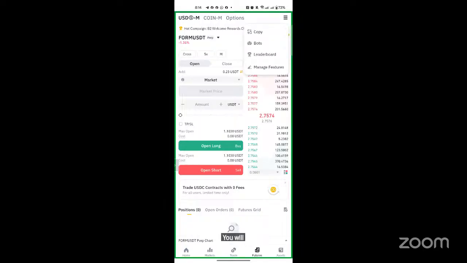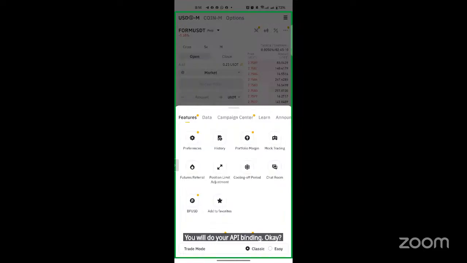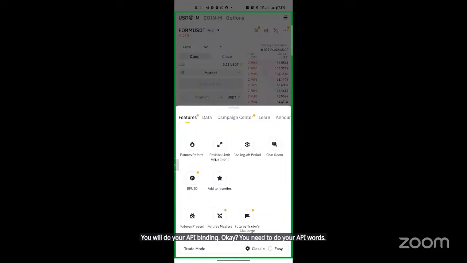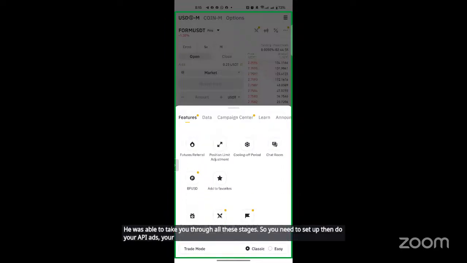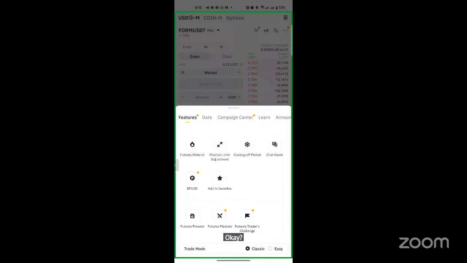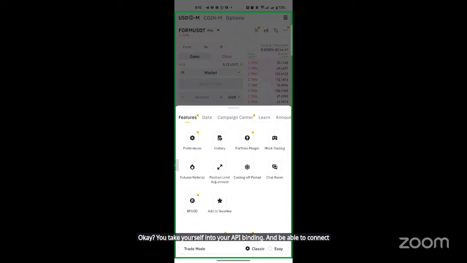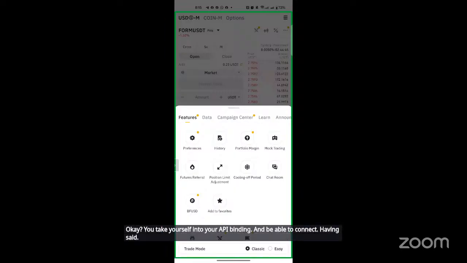Then number two, you will do your API binding. In that futures class, which my brother did, he was able to take you through all these stages. So you need to set up your API binding and be able to connect, having set your futures account.